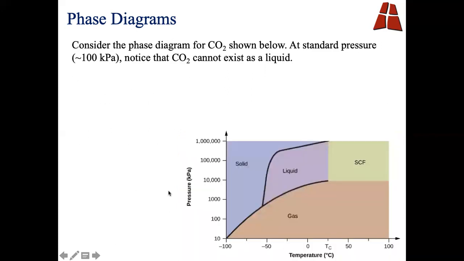Right. Another important point to consider is the critical point on the graph. That would be this point shown for this particular CO2 phase diagram.